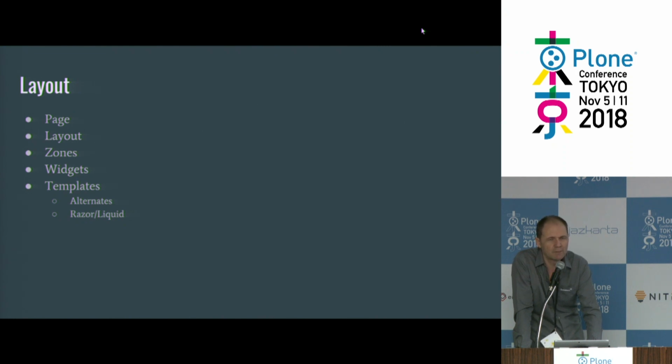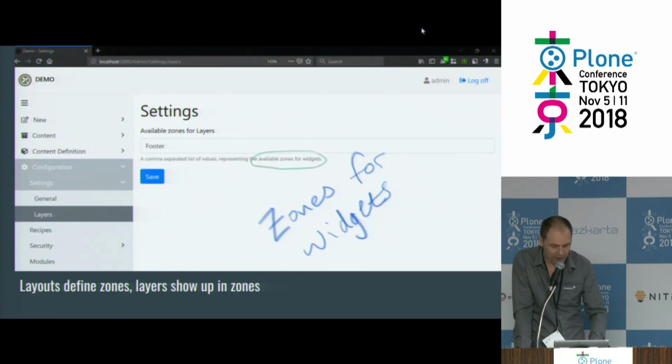Razor is sort of C# scripting embedded in HTML, and Liquid is a much simpler, safer, sandboxed sort of string interpolation way of templating, which does loops and so on, but it's not a full language. It's safer to give to editors. So let's look at that in practice a bit.